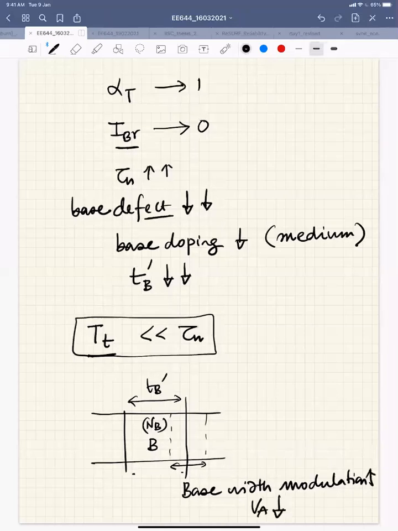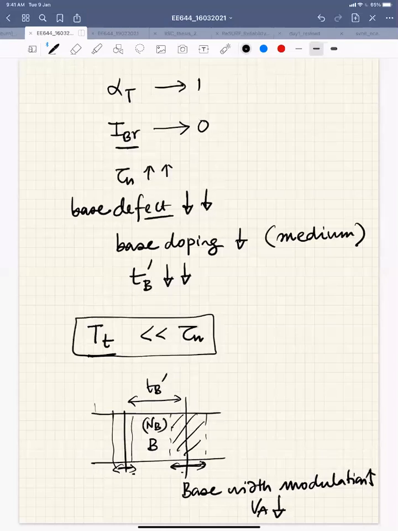On top of that, because you are applying reverse bias to the collector base junction, it may happen that if the doping is very low, the depletion widths of the emitter base junction and the collector base junction may merge, right? If they merge, that means your emitter collector is shorted, so that means very high current.